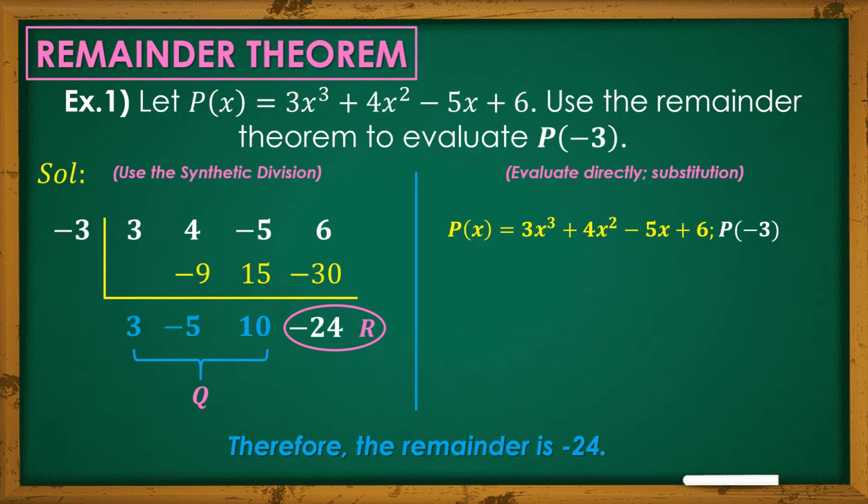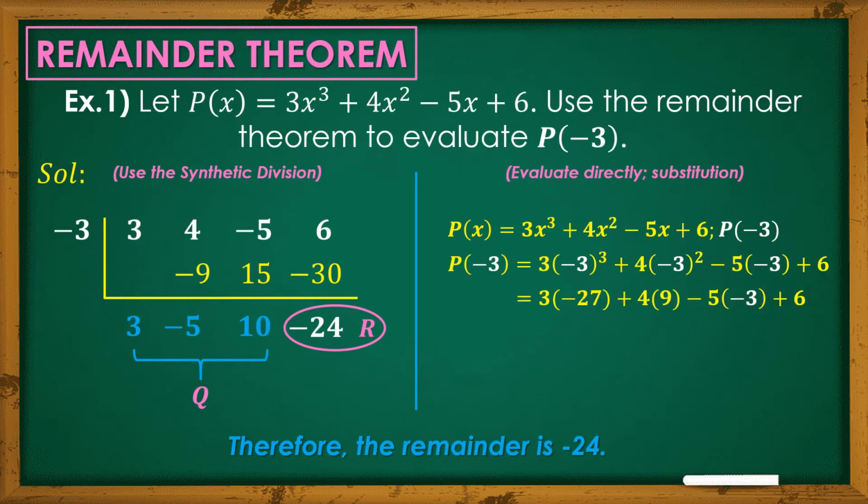Kung titingnan natin, this is a polynomial equation. And pwede nating i-evaluate gamit ang substitution of x, which is negative 3. So substitute x by negative 3, we will have this. And by simplifying, we have this. Negative 3 cubed is negative 27. Negative 3 squared is 9. 3 times negative 27 is negative 81. 4 times 9 is 36.